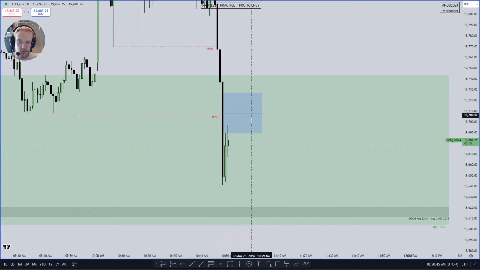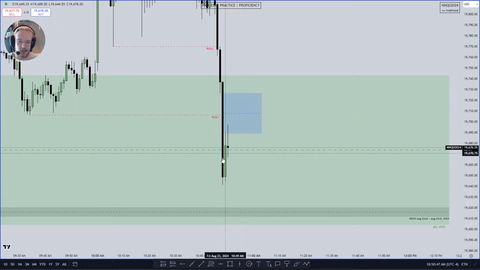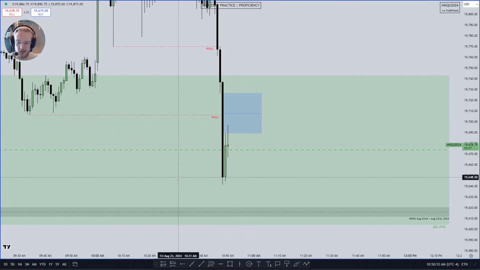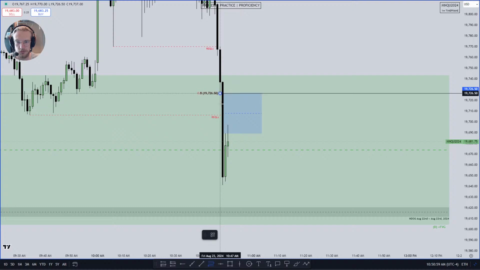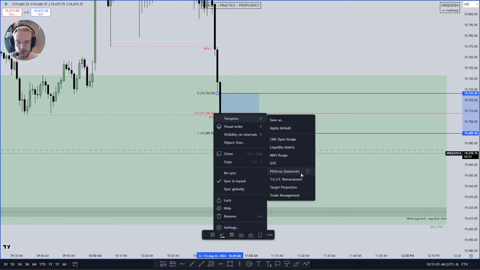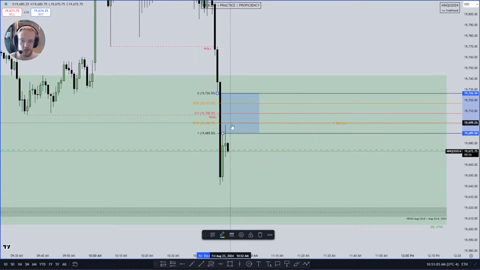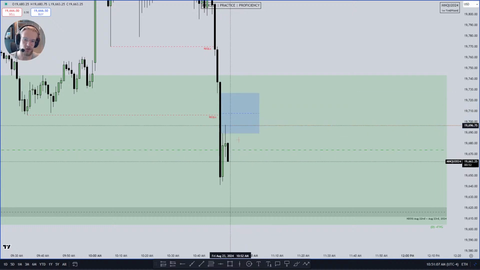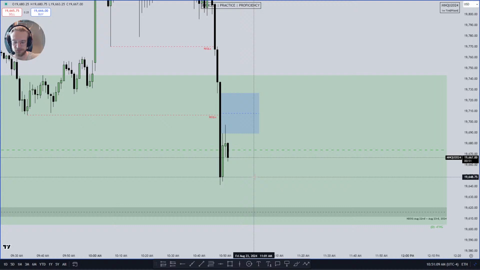I would anticipate this inefficiency to be an area price would come back into, tap it again, and then continue its descent. Specifically, I want the consequent encroachment not to be touched. We haven't even reached the 25% of that gap.